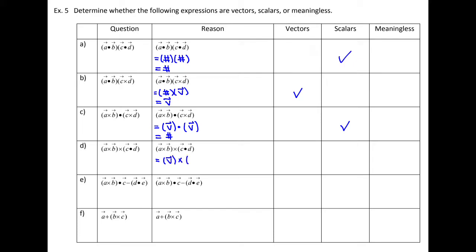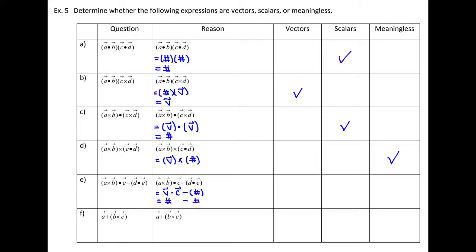Part D, the result of the first bracket is a vector. Cross, the result of the second bracket is a scalar. But you cannot do a cross product between a vector and a scalar. Therefore, meaningless. Part E, the result of the first bracket is a vector. Dot, a vector C, minus the result of this bracket, D dot E, is a scalar. And we know a vector dot a vector C is going to be a scalar.